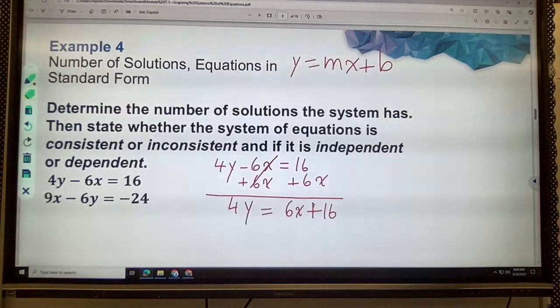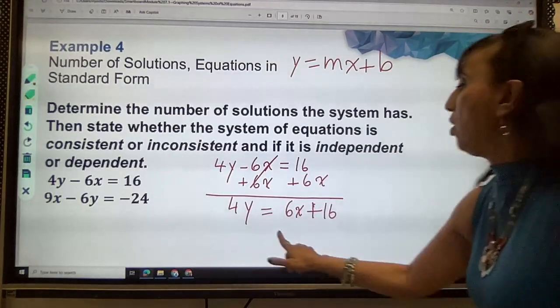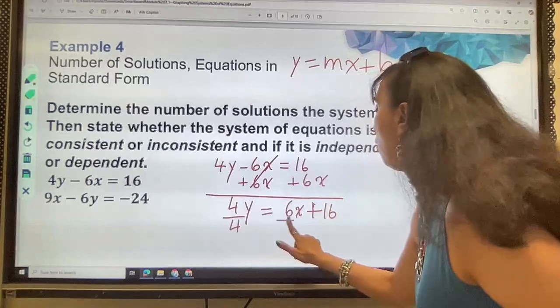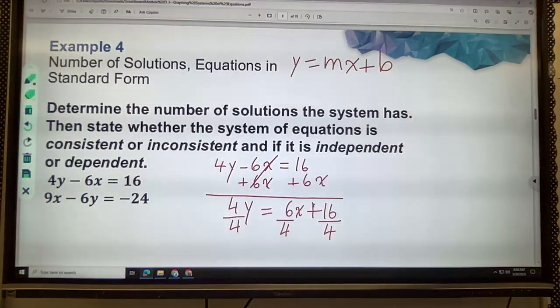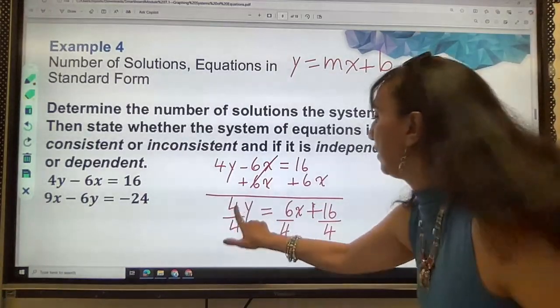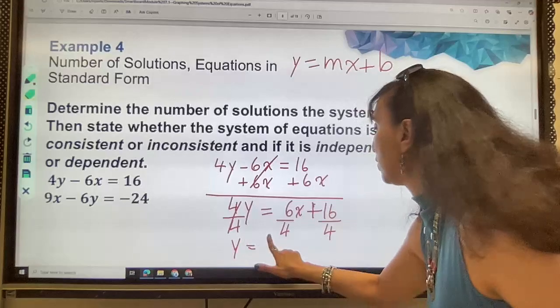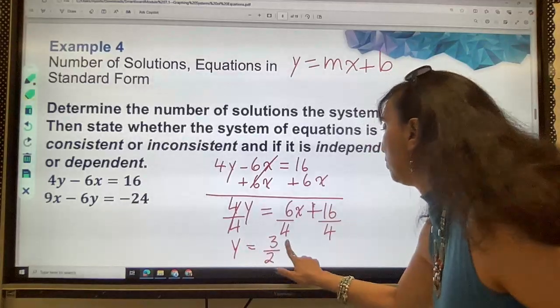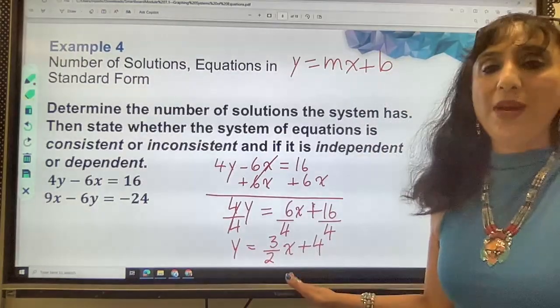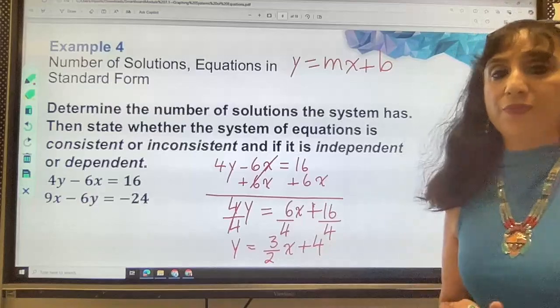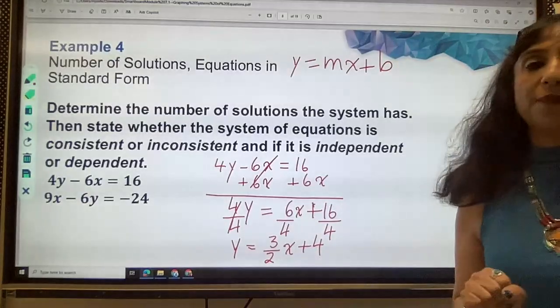And then I am going to divide both sides by 4. And so I get y is equal to 3 over 2x plus 4. So my slope is 3 over 2 and my y-intercept is 4.